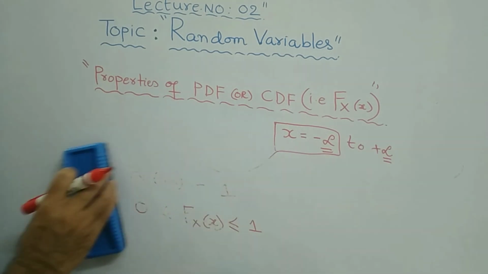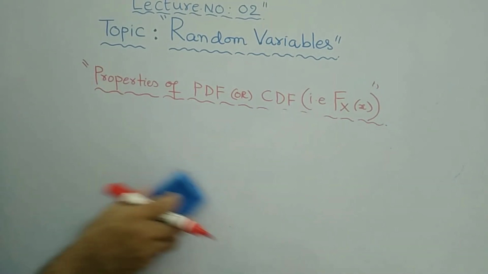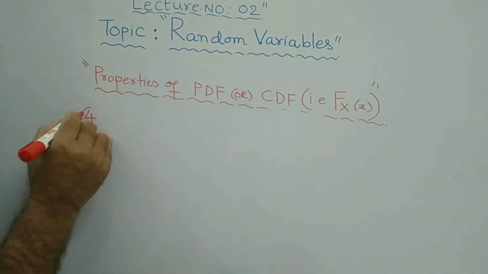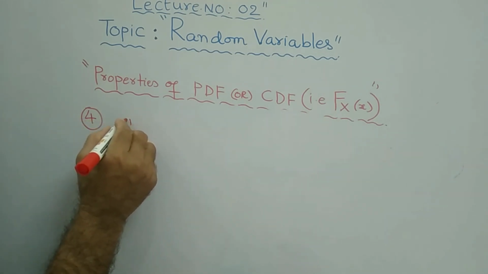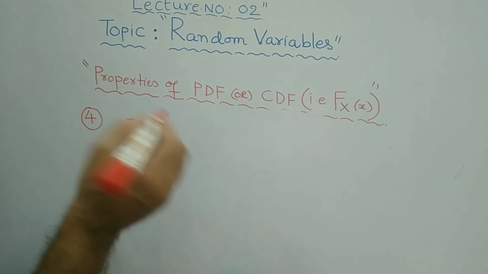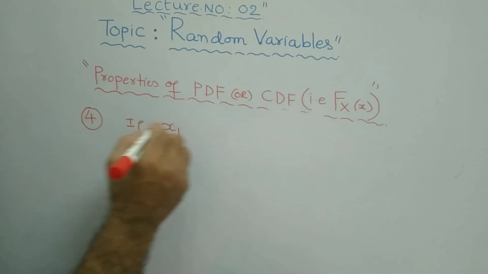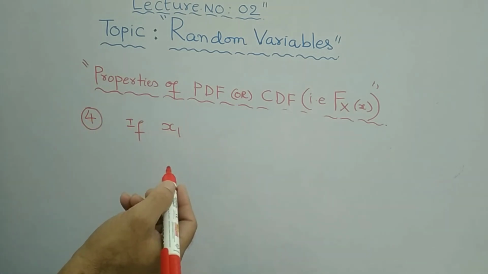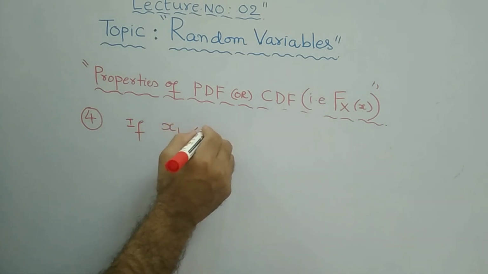And then there is another property, called property number 4. Let us see the fourth property of your distribution function. Let us say, for example, there are two possible outcome values of small x, that is x1 and x2.